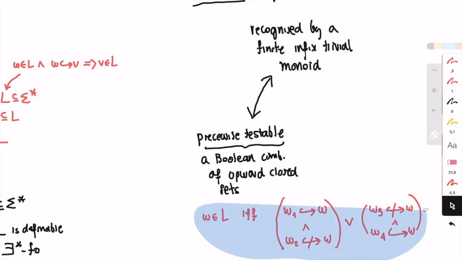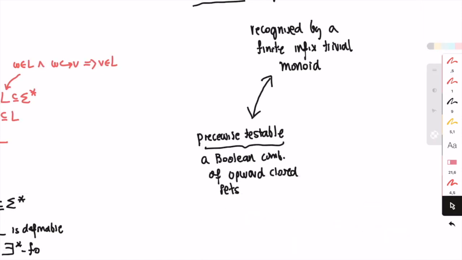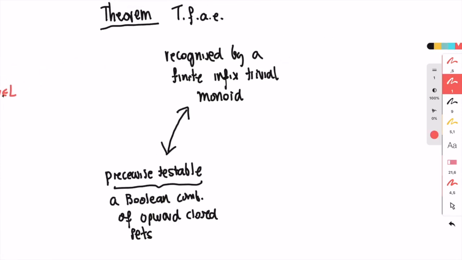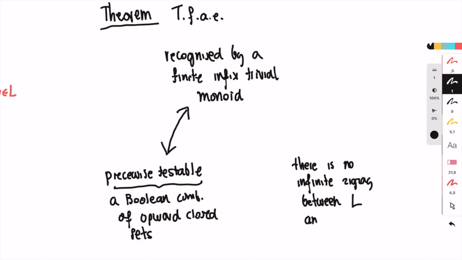But let's forget that. Now there is another thing, and it will actually be useful, namely zigzags. So let me first state it. There is no infinite zigzag between L and its complement.